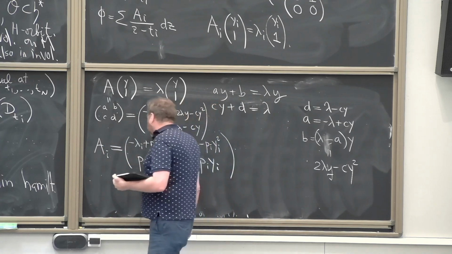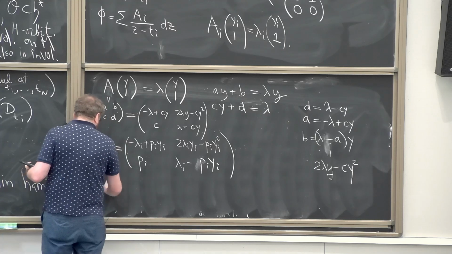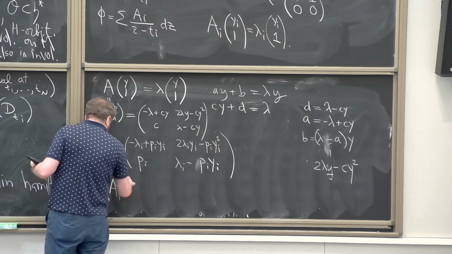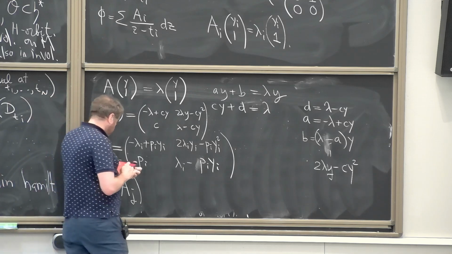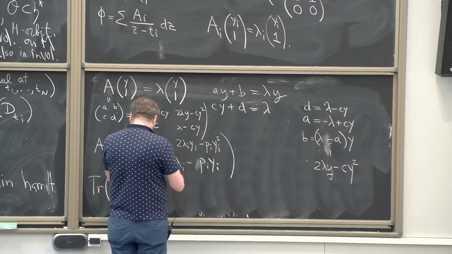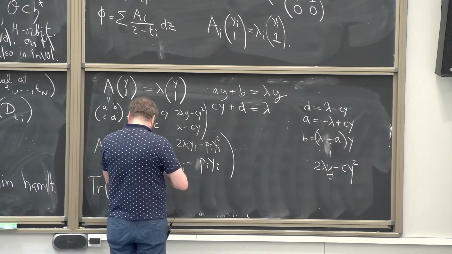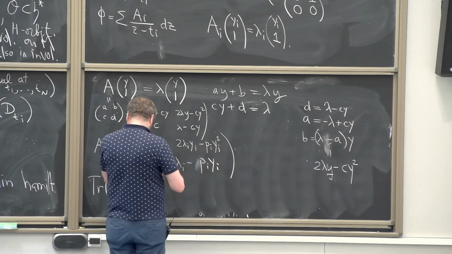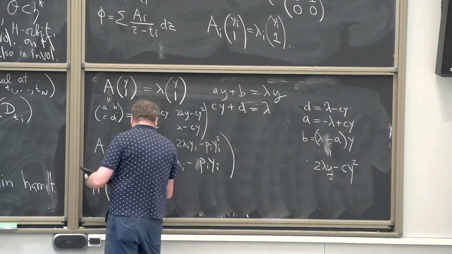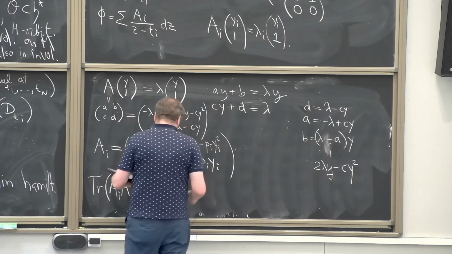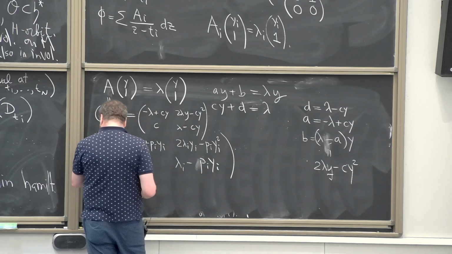And so then you can compute the trace of A_i A_j. That's the only thing that will change, the formula for this trace. So we will get some additional terms.